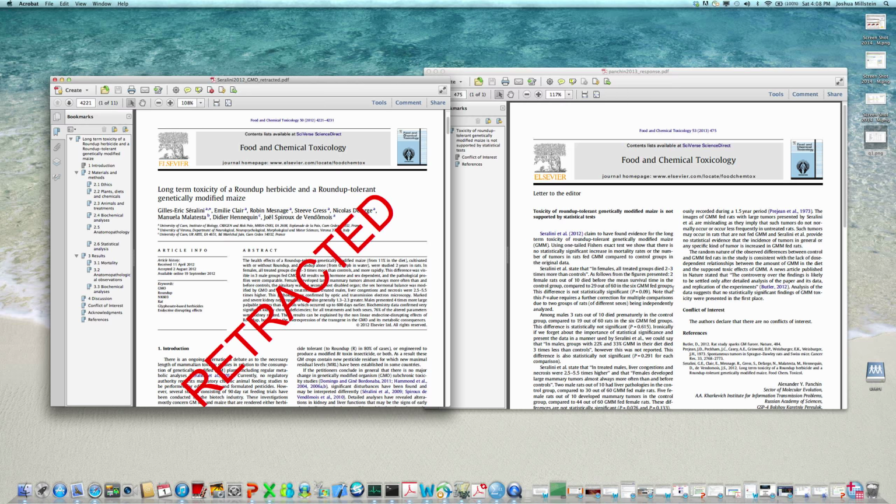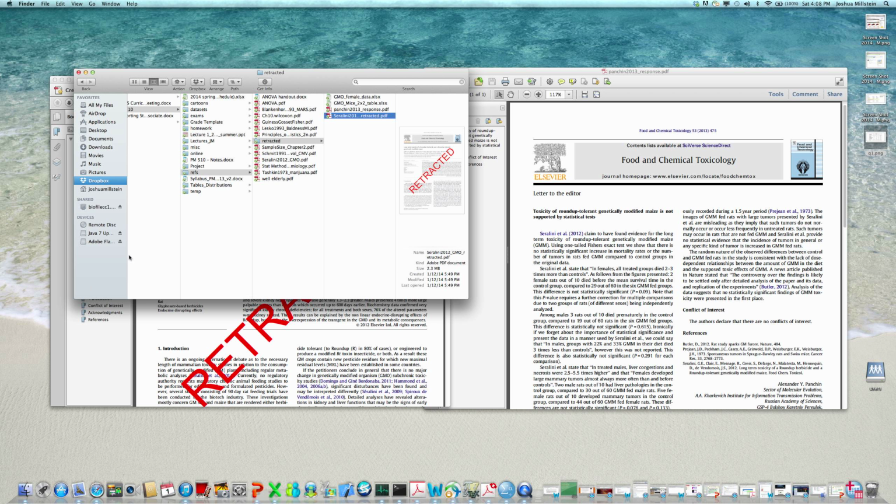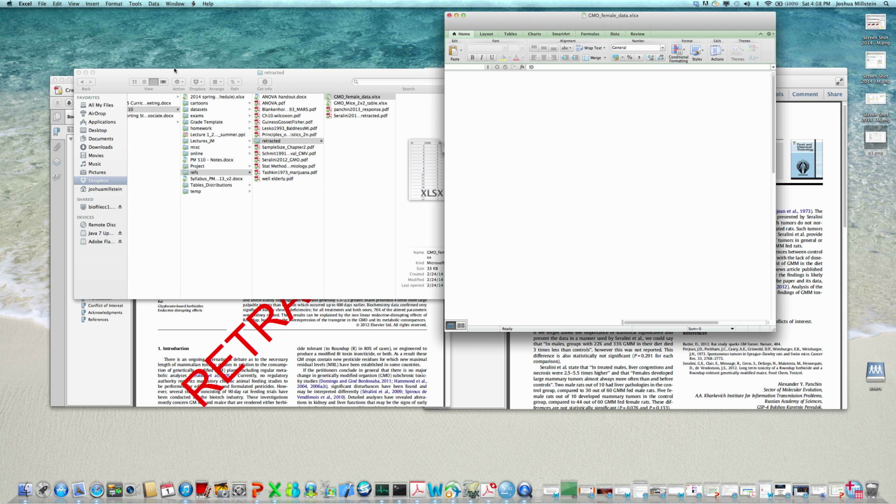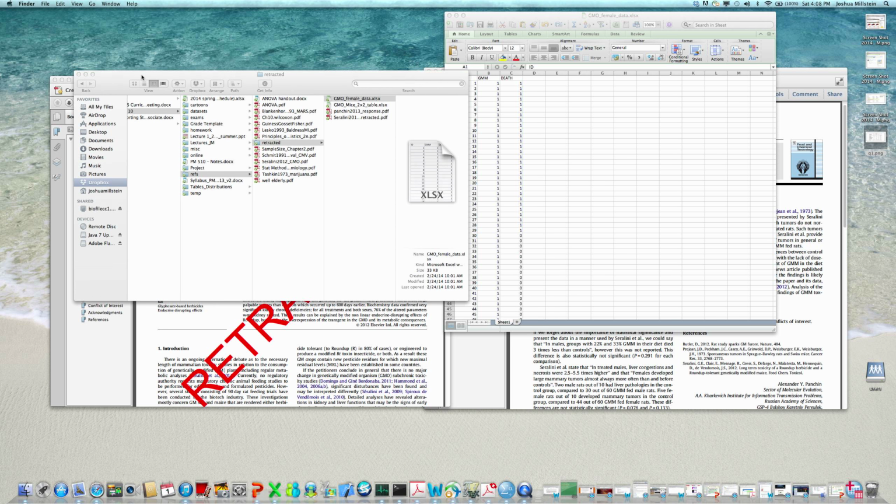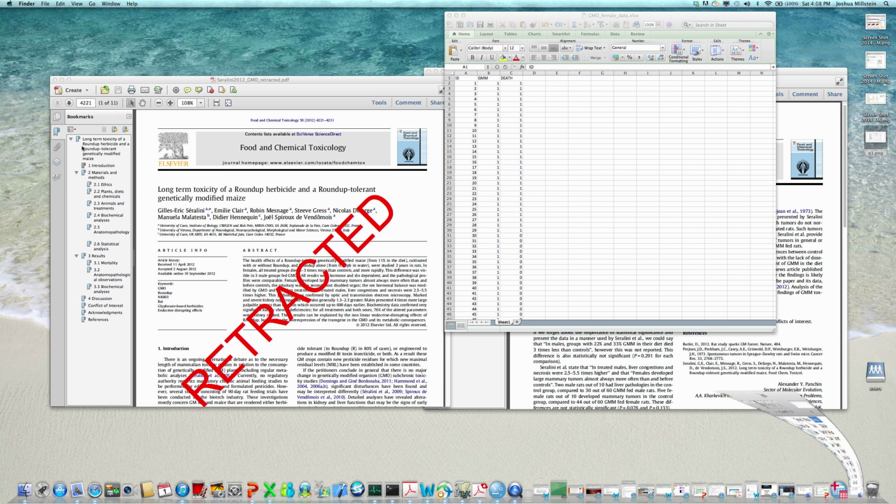Now, if we look at these numbers, we can actually put them into a 2x2 table format, a contingency table format. So let's see if I can find that here and just show you that contingency table. So here it is, female GMO data. Actually, now this is a data set.